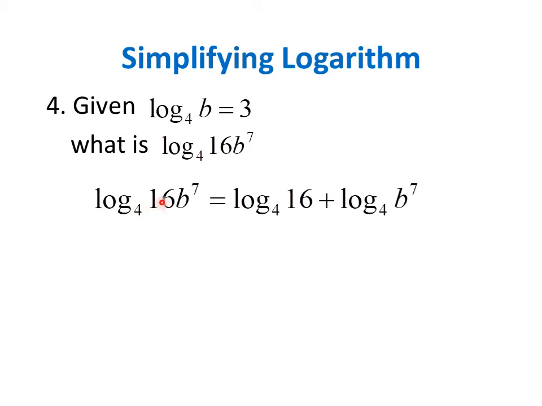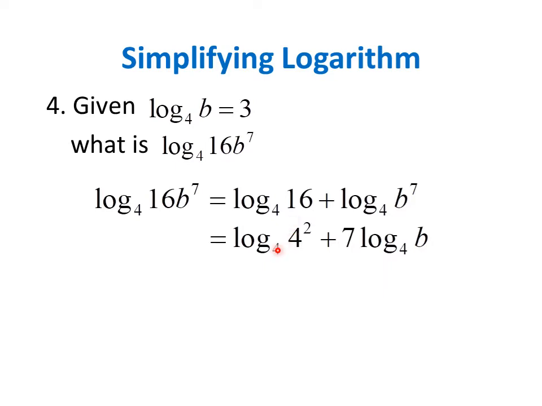And since 16 and b to the 7 are multiplied, we have the operation plus. So let's rewrite this into two terms. We have log to the base 4 of the first argument, 16, plus log to the same base 4 of the second argument, b to the 7.